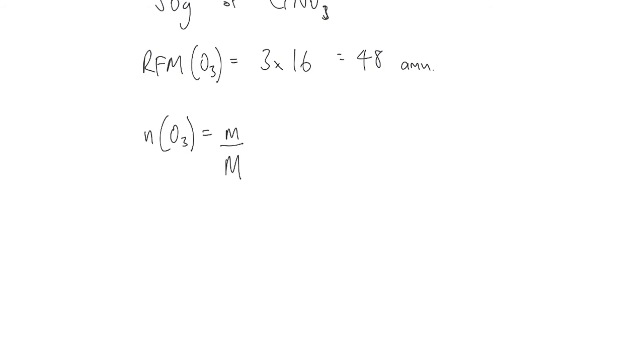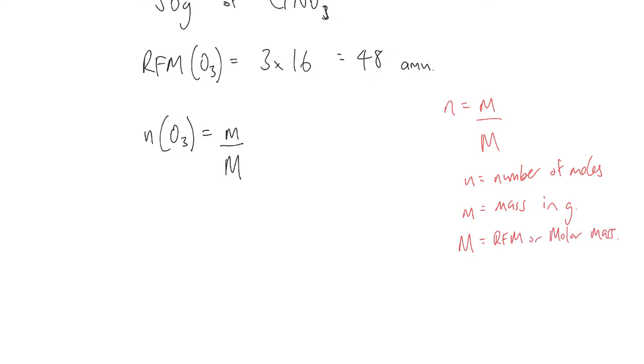So this is the new formula. n is equal to little m over big M, where n is equal to the number of moles, m is equal to the mass in grams, and big M is equal to the relative formula mass or molar mass, which are the exact same thing. So, I have the mass, 14 grams, and I have the relative formula mass, 48. 14 over 48 is some value.